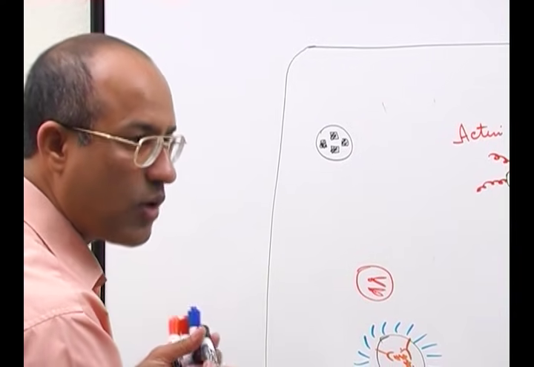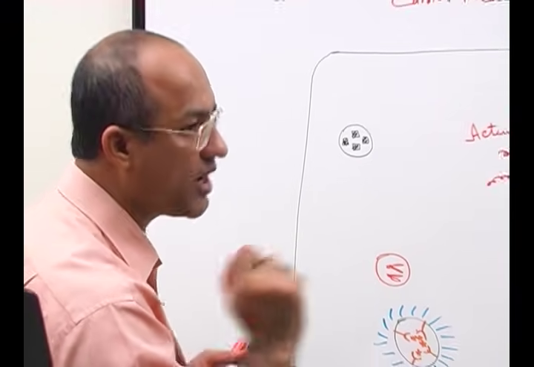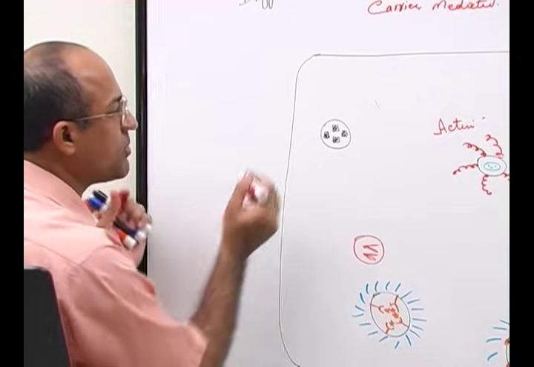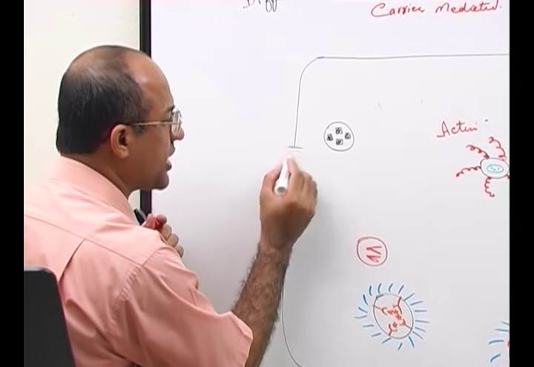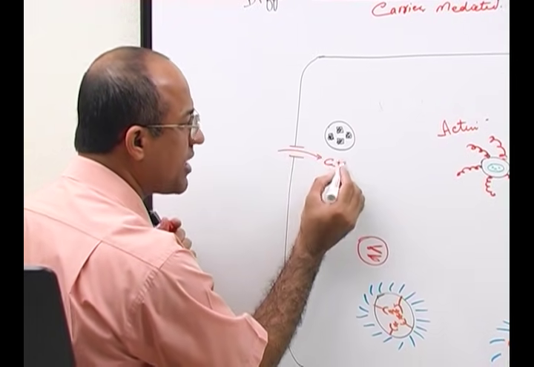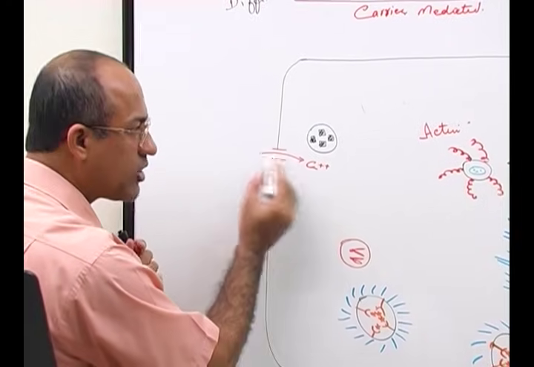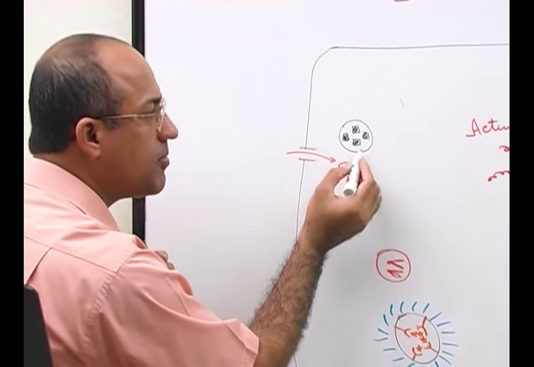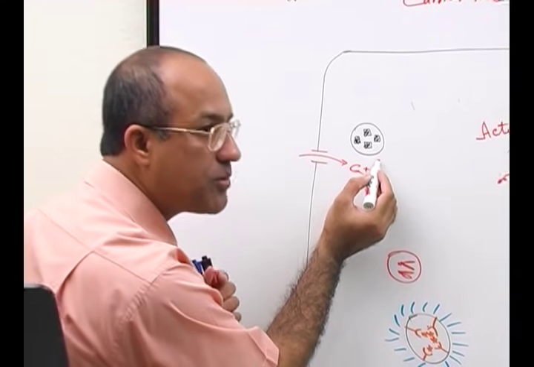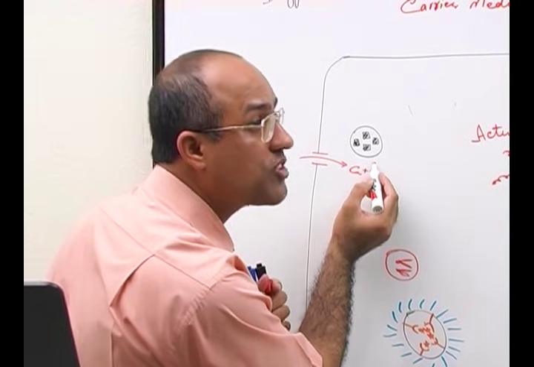Is that right? When beta cells of pancreas are stimulated, then calcium influx occurs. Special type of calcium channel opens and calcium comes in. Beta cells of pancreas are stimulated, calcium influx occurs, and calcium dependent exocytosis starts.